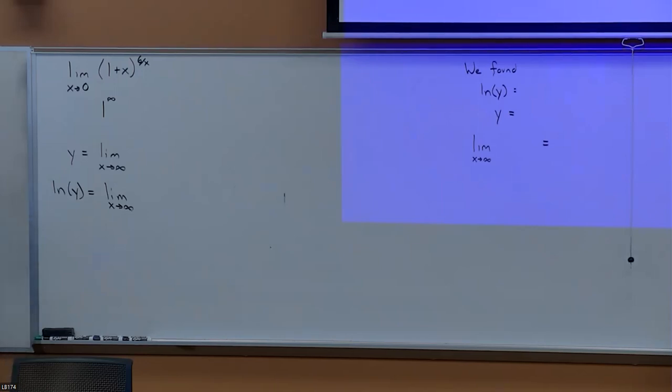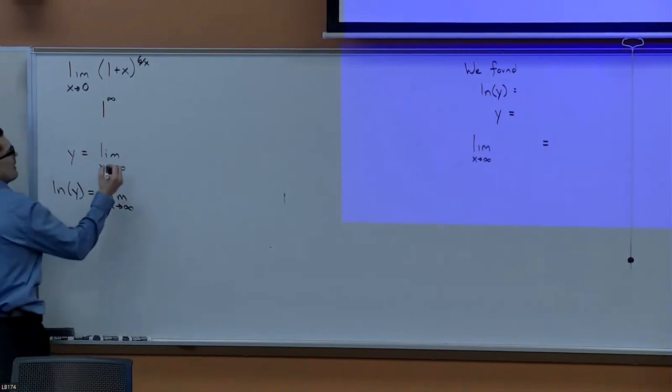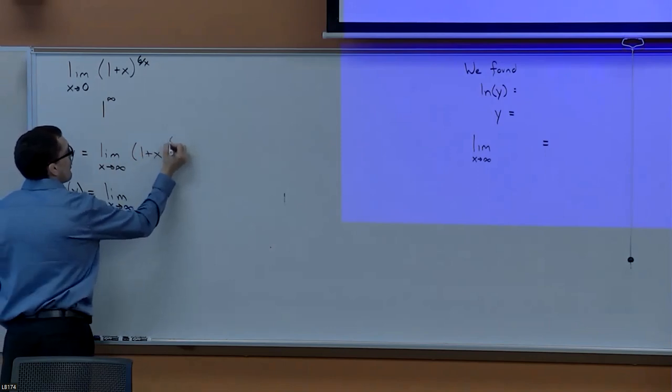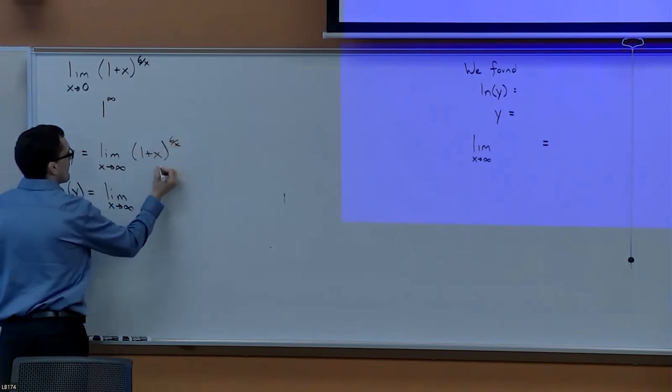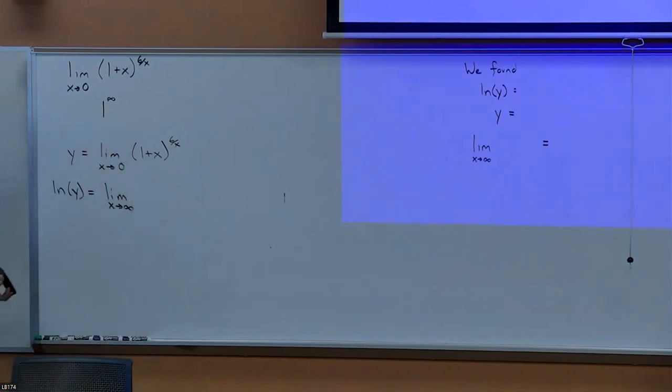I guess it depends on which way you approach 0, but it could become negative infinity as well. But we'll just say plus and minus. I can't use this indeterminate form with L'Hopital's rule.